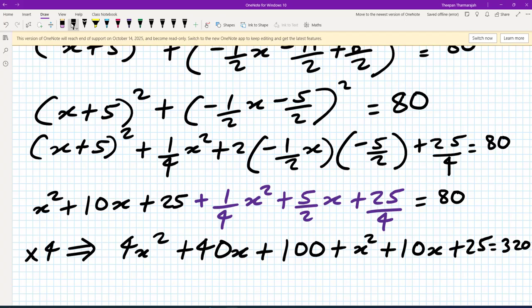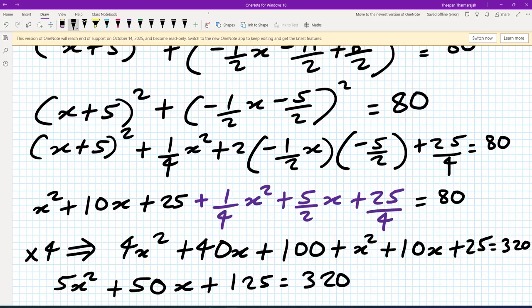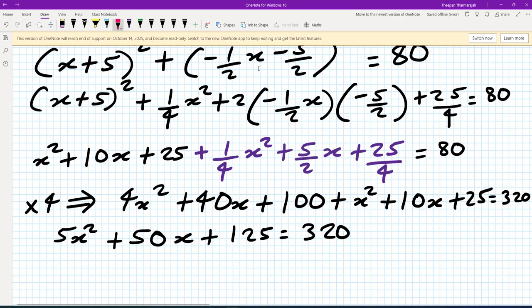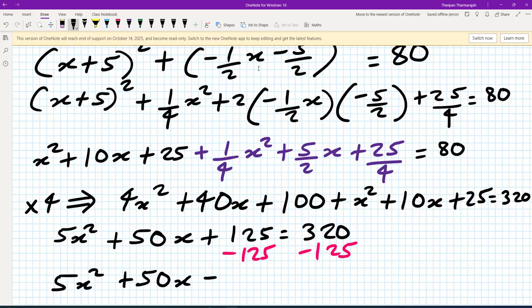So I get 4x squared plus x squared is 5x squared, 40x plus 10x is 50x, and 100 plus 25 is 125, and that's equal to 320. Minus 320 on both sides, we're going to get minus 195. So we're going to form our quadratic equation now. So we get 5x squared plus 50x minus 195 equals 0.